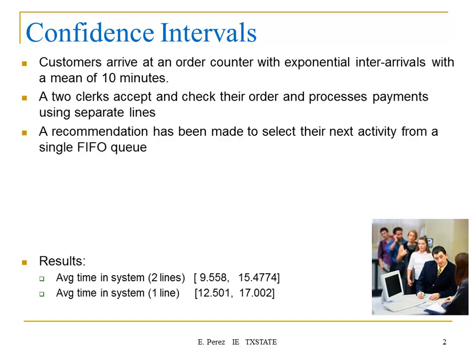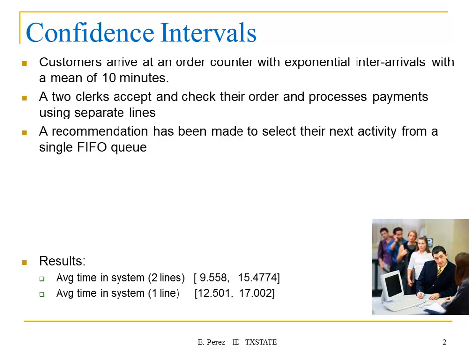Okay, so this is the problem I was referring to. Again, a very simple problem. Here we have some customers arriving at a counter with an exponential arrival time of 10 minutes. And we have 2 clerks that accept and check the orders and process payment using separate lines.